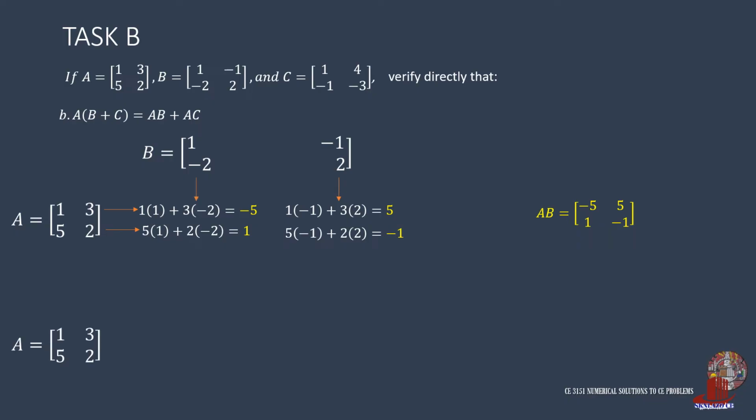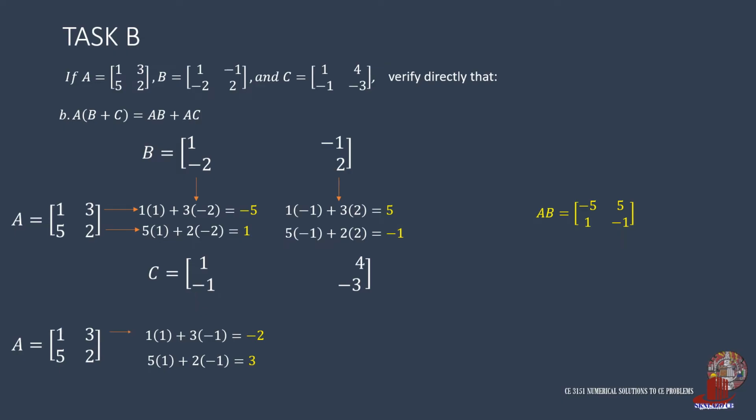Also take matrix AC with the same procedure as done earlier. Row 1 with column 1 has the element computed from 1 times 1 plus 3 times negative 1, which is negative 2. Row 2 with column 1 has 5 times 1 plus 2 times negative 1, giving 3.